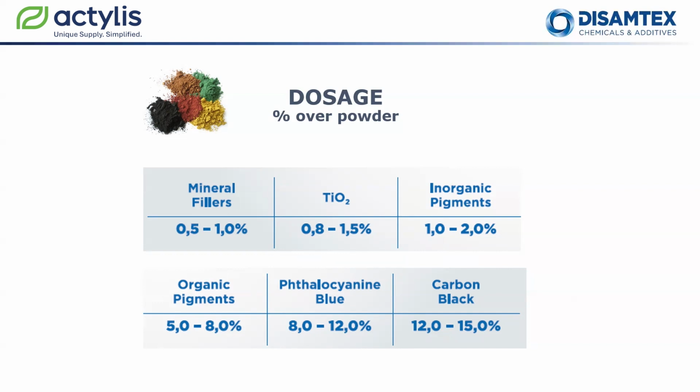And organic pigments, especially phthalocyanines, demand much higher levels because of strong particle-to-particle interactions. Carbon black with extremely high surface area requires the highest dispersant dosages to achieve proper stabilization.